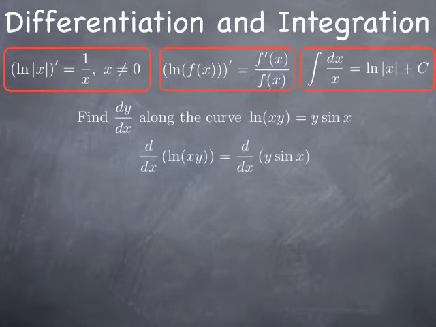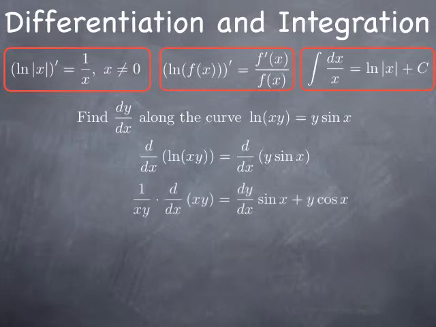So in doing so, when I differentiate the left-hand side, I'm going to have log of some function that I differentiate with respect to x. So I'm going to get 1 over this function, in other words 1 over xy, multiplied by the derivative of xy. So that's what I get on the left-hand side.